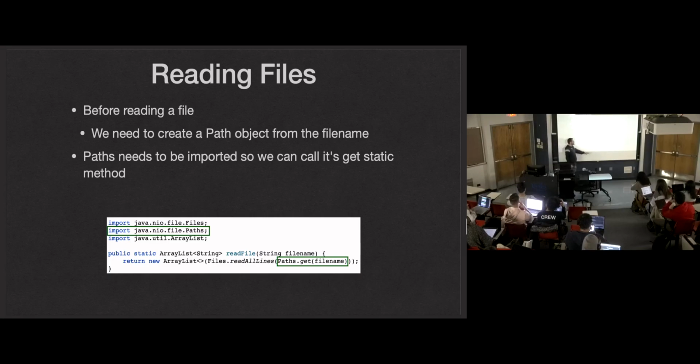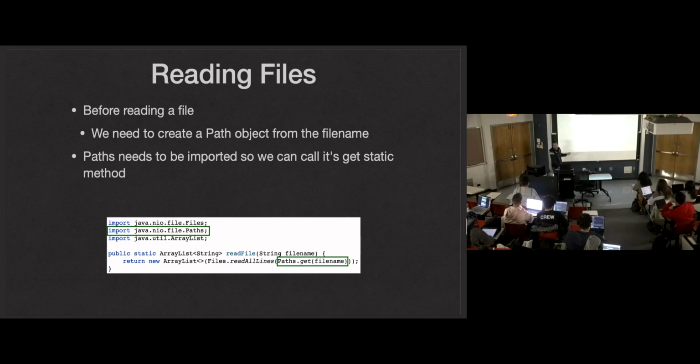Java's not going to do that for us, so we have to convert our string into a path on our file system. And for that, we're going to have to import the library Paths. Paths is a class with a static method named get, where get does exactly what we want, converts a string to a path.